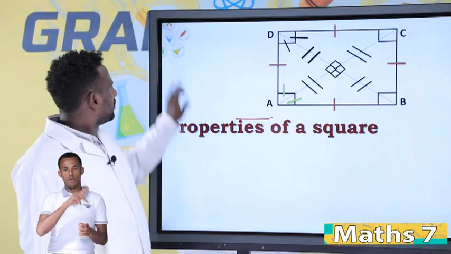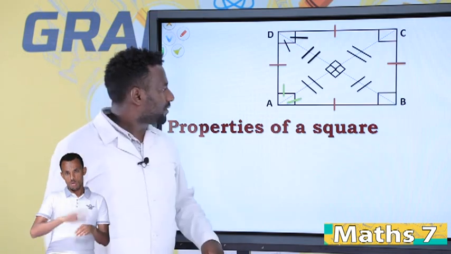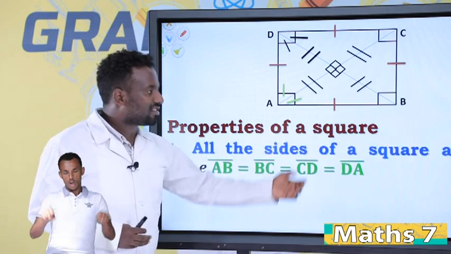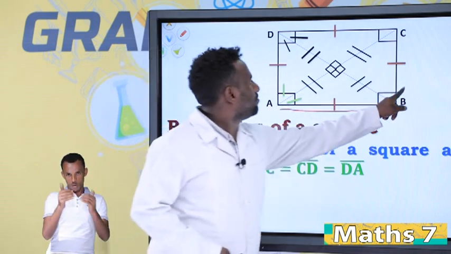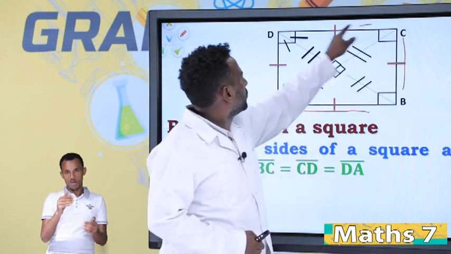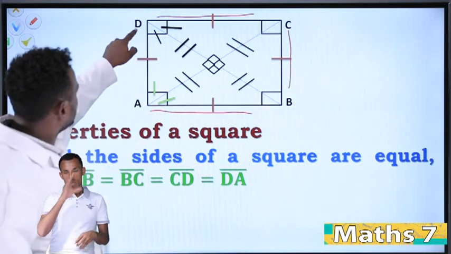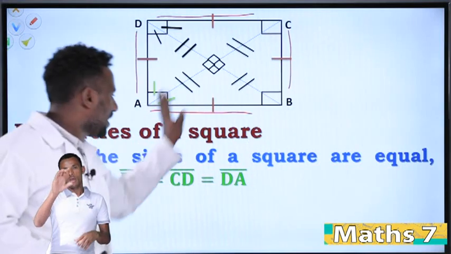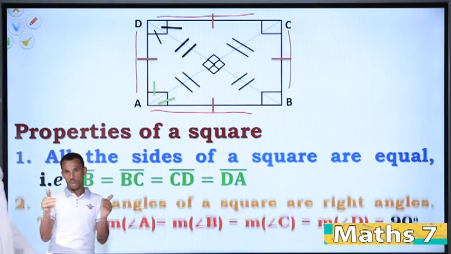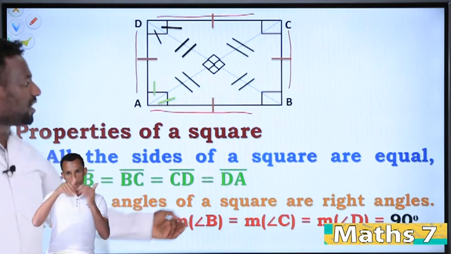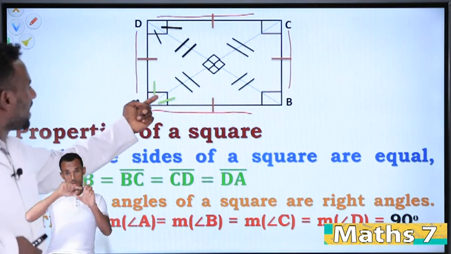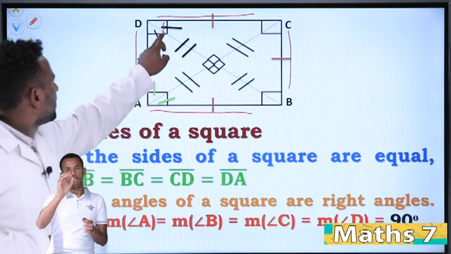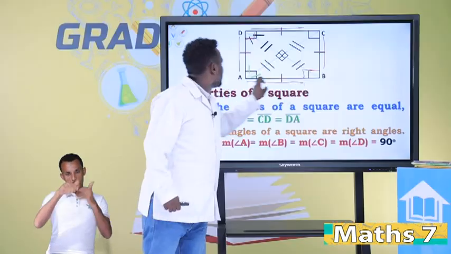The properties: all the sides are equal, AB equal to BC, equal to the length CD, equal to the line segment DA. They are equivalent. And also all angles of the square are right angles. That means they are 90 degree. All angles are 90 degree.